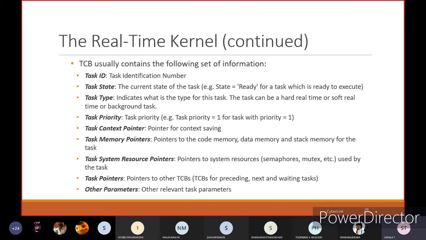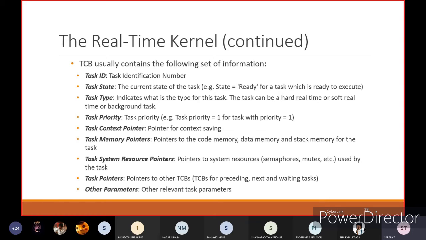Hard real time is a real-time task where the execution of the program is very critical. For example, if the task has to be executed within 5 microseconds, the execution should be completed before those 5 microseconds.